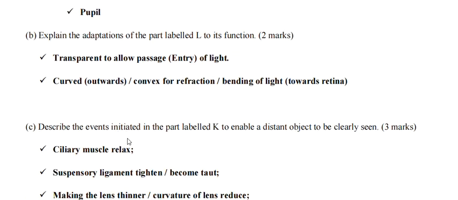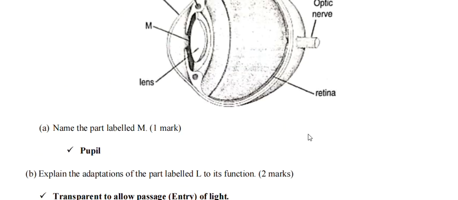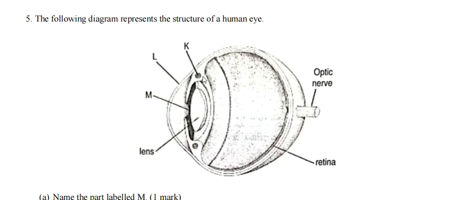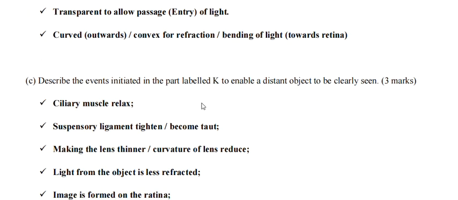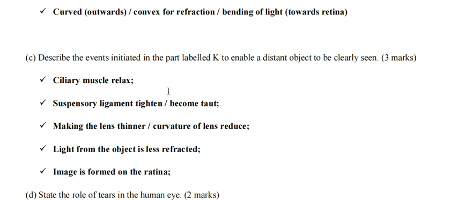Then describe events initiated in the part labeled K to enable a distant object to be clearly seen. That is K, and K is the ciliary muscle. And this question, in short, is talking about accommodation of a distant object.